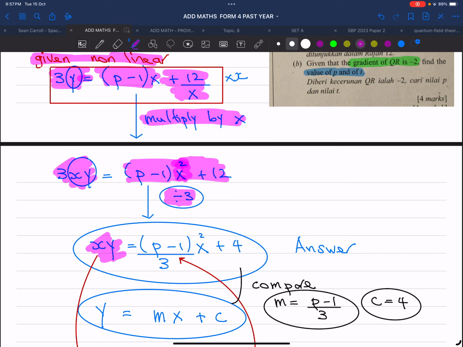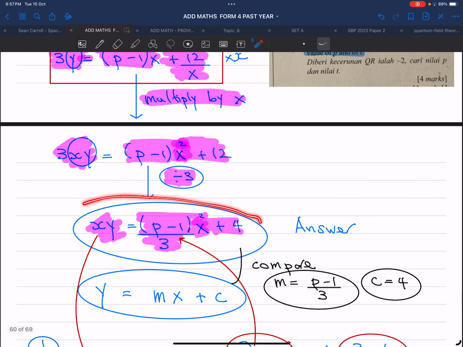Then (p minus 1) divided by 3, p minus 1 over 3. The x squared, I just copy back. And finally, 12 divided by 3, I'm going to get 4, which means we have already got our answer, the linear form: xy equals (p minus 1) over 3 x squared plus 4.